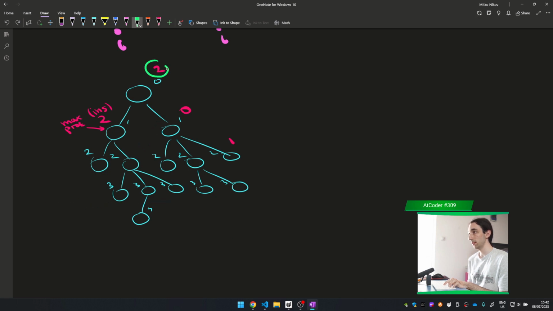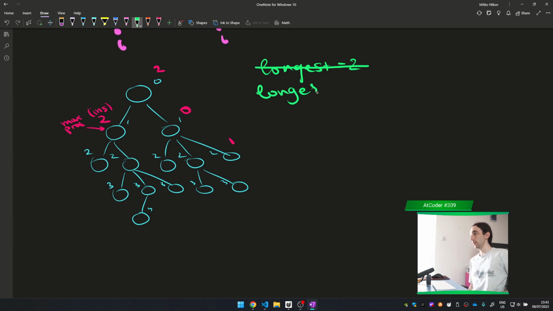So when it comes to this node, longest will be 2. And when it comes to here, longest will be 2, because 0 plus 2 is 2, right? So it will be up to the depth of 2. But when it comes to this node, longest now updates, saying that longest in my subtree will be 3, because I'm at depth 1, plus 2, it's up to depth 3.